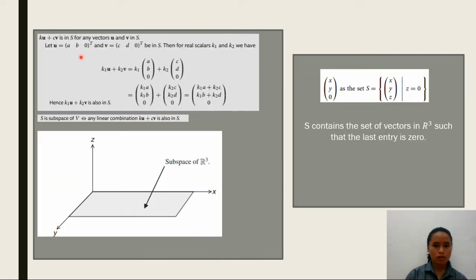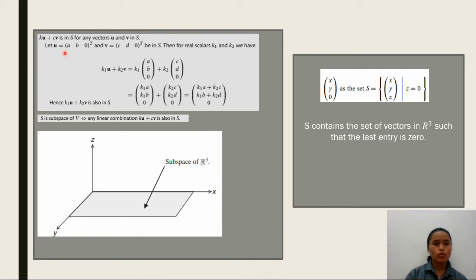Okay, example. k1 u plus k2 v is in S for any vectors u and v in S. We have u equal to a, b, 0 transpose and v equal to, also in S. Then for real scalars k1 and k2 we have this formula, right?